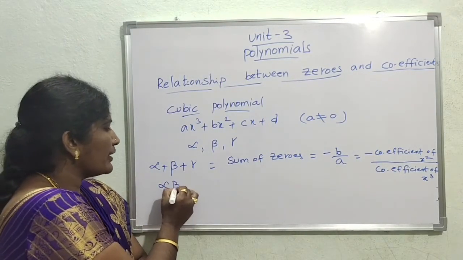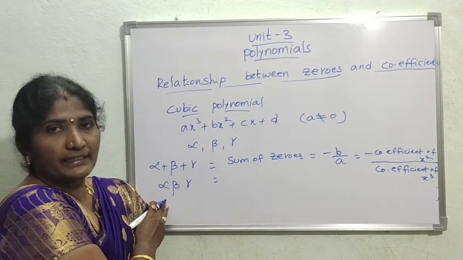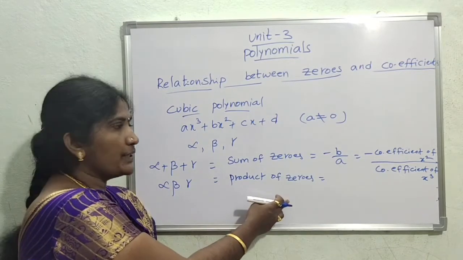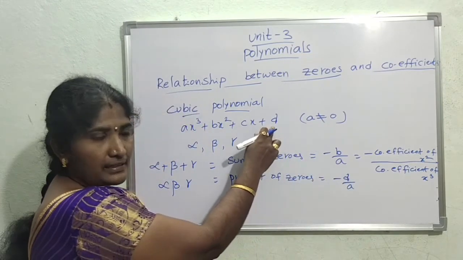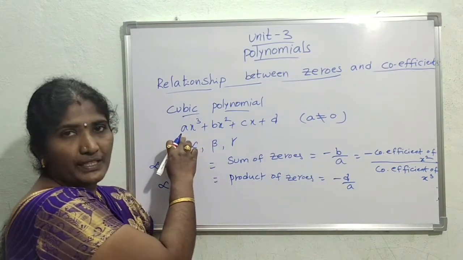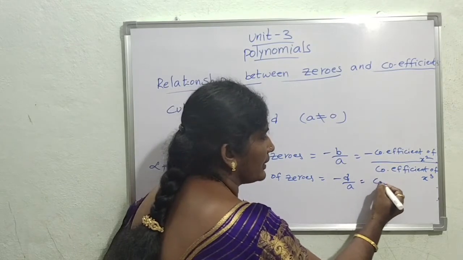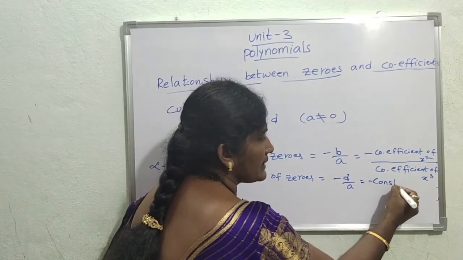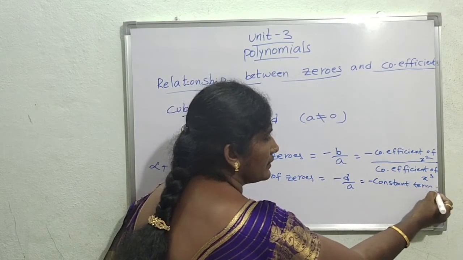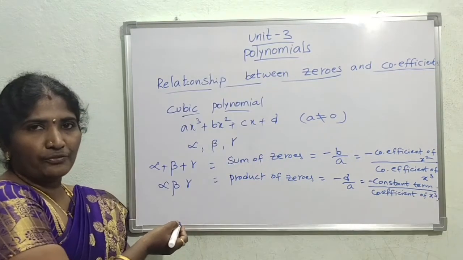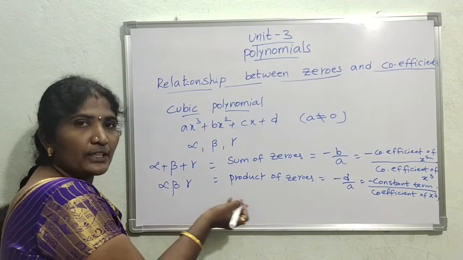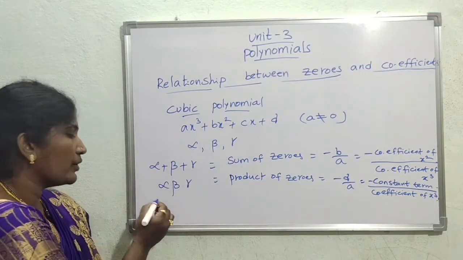Product of zeros, alpha beta gamma, is equal to minus d by a. Here d means constant term and a means coefficient of x cube. Like this we can find out the product of zeros without finding zeros of the polynomial.